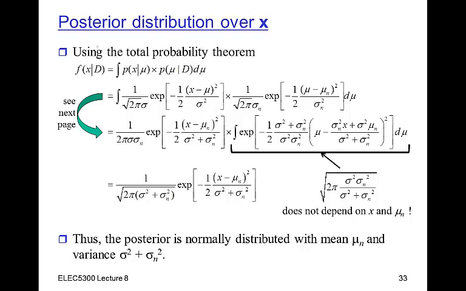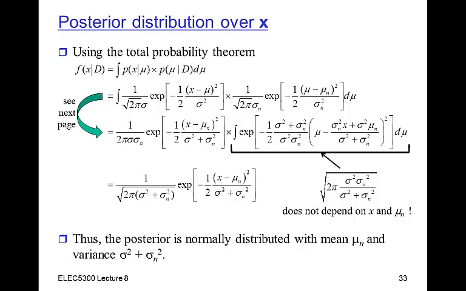In fact, when you're dealing with Gaussian distributions, you should never integrate, because the integrals are very, very difficult to compute. What you should do instead is try to manipulate them so that the integrals come into a form that you know either integrates to 1 or integrates to a constant.